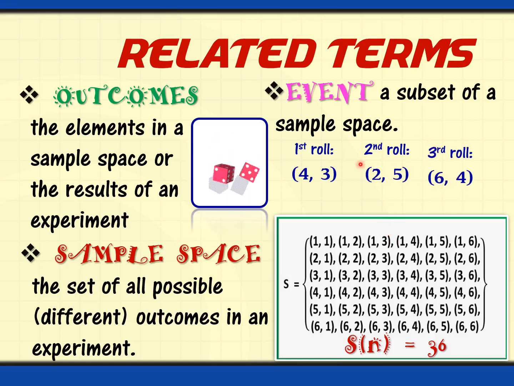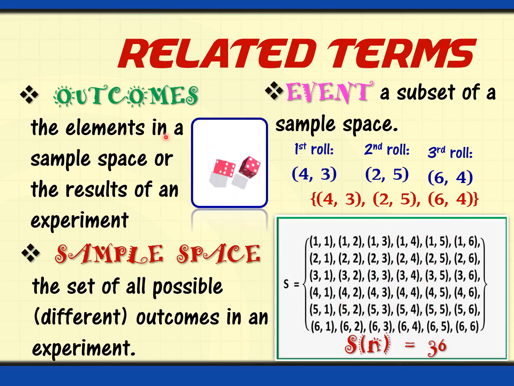Since we only roll the dice thrice, we can write the subset or the event this way. You have to enclose the 3 outcomes in a bracket, since this is just part of a sample space. So for 4, 3, you can see it here, and then 2, 5, you can also have it here, and 6, 4, you have here. So event is just part of the sample space.